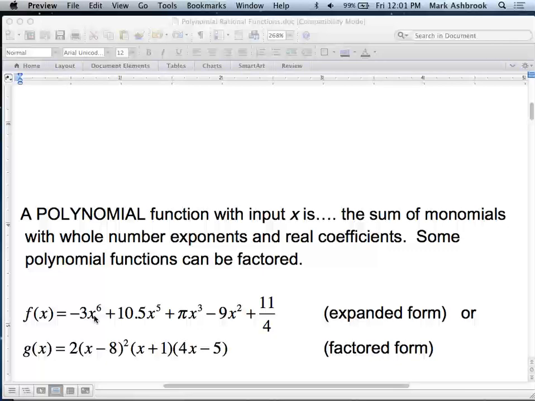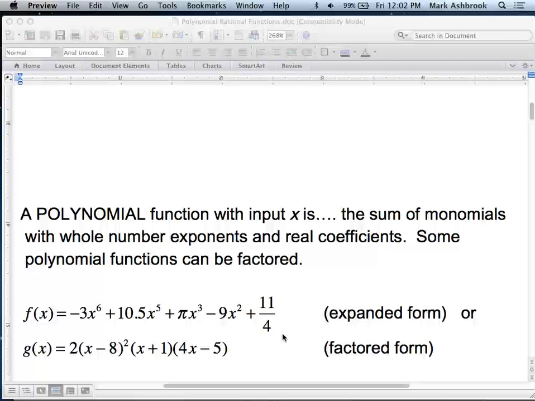If you need to get your notebook out, that's fine, just do so quietly. So the powers of x can be whole values only, not decimals, not fractions, not negatives. But the coefficients can be any real numbers: negative, decimal, irrational, fraction.